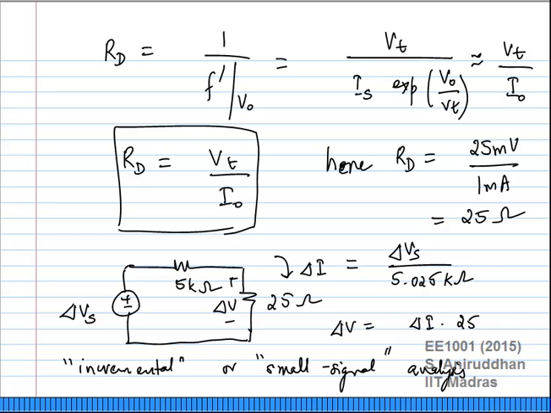So if I were to write down the steps that you would go through with the incremental circuit, how would you build the incremental circuit? Of course, I am already taking for granted that you have already calculated the operating points V0, I0 for all elements. That should be known first.